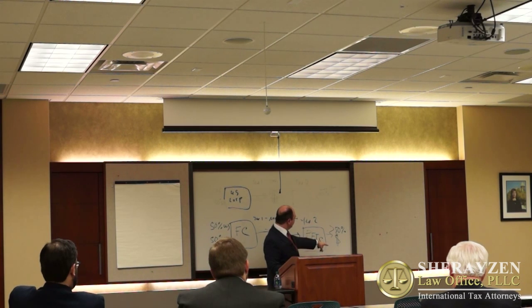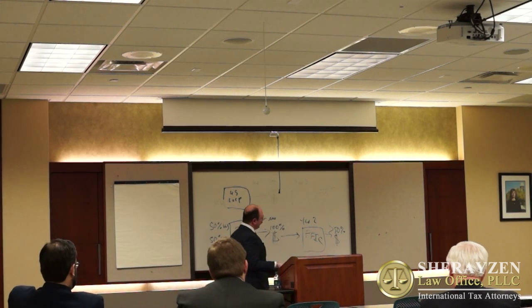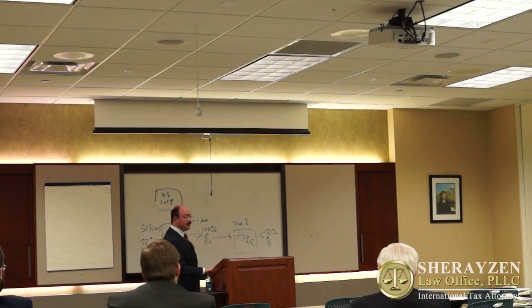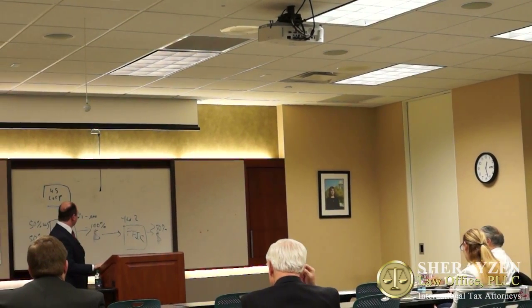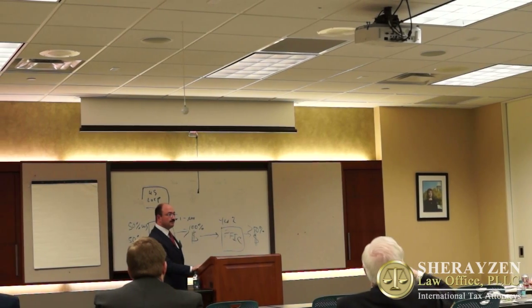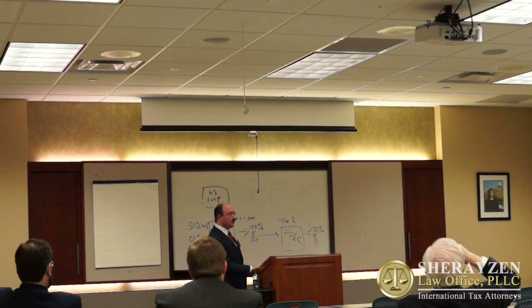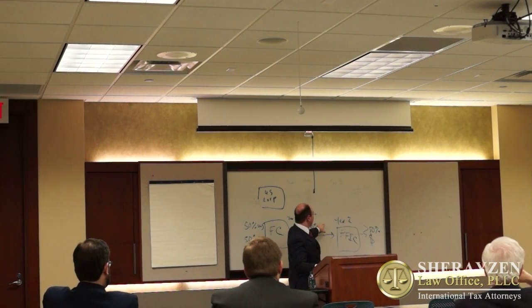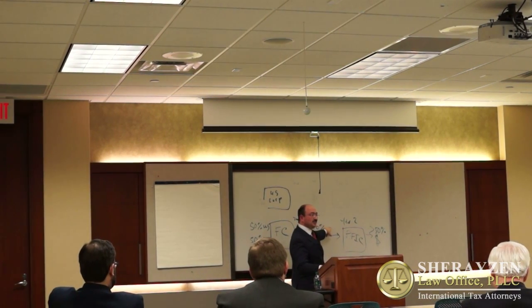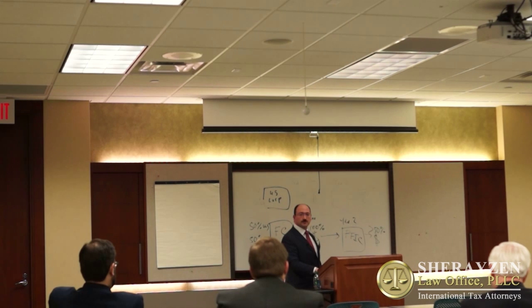If there is a distribution in year three, most likely I would estimate about 40% will be treated as ordinary income, and about 60% will be subject to 39.6% tax. So just because this is US domestic and this is US international, all of a sudden we raised our tax liability by about 20%.